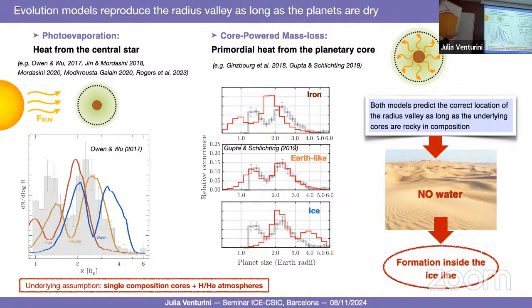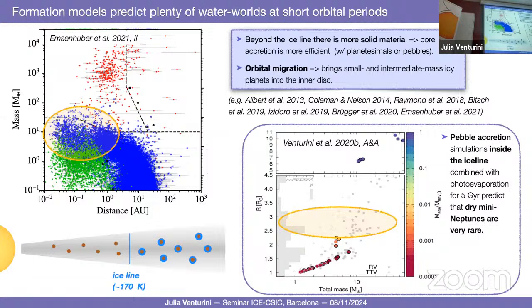This means that they must have formed inside the water iceline. And that's actually completely in contradiction with what we find with formation models. Precisely because of the concepts that I introduced before, beyond the iceline there is more solid material, so growing mini-Neptunes is easier. The bigger planets in the distribution, the mini-Neptunes, the second peak, it's easier beyond the iceline.